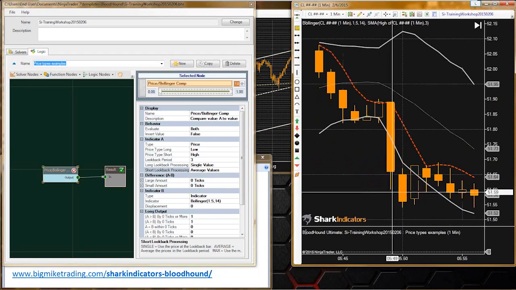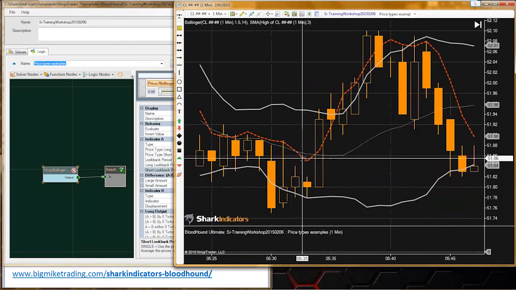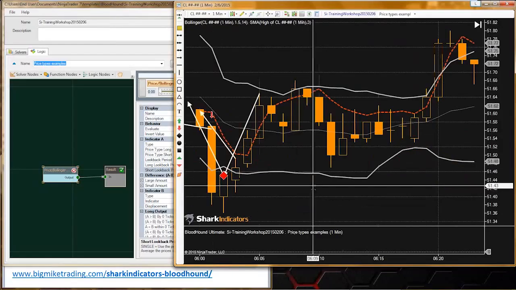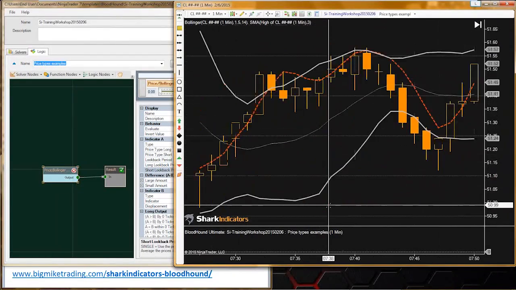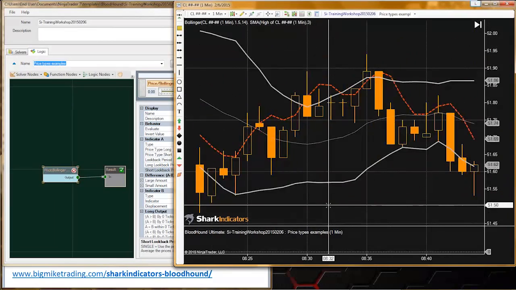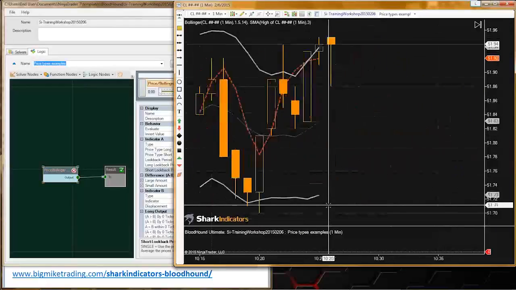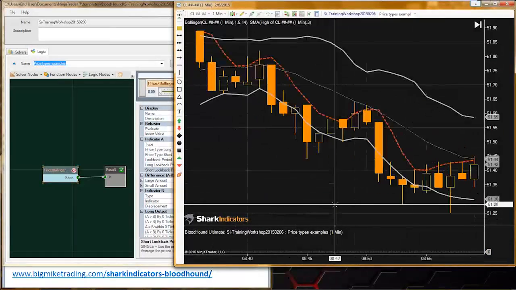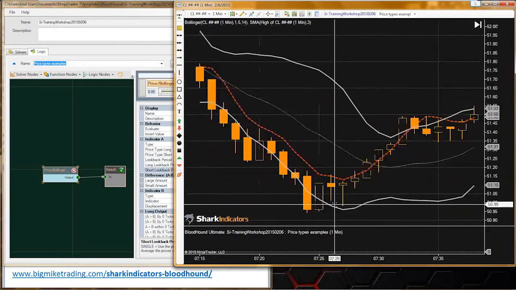Now, if we scroll back through the chart, I really doubt the SMA 3 of the high prices ever gets below the Bollinger Bands, but let's just take a look here. No, it never does. And, of course, in that case, we never get a short output either.